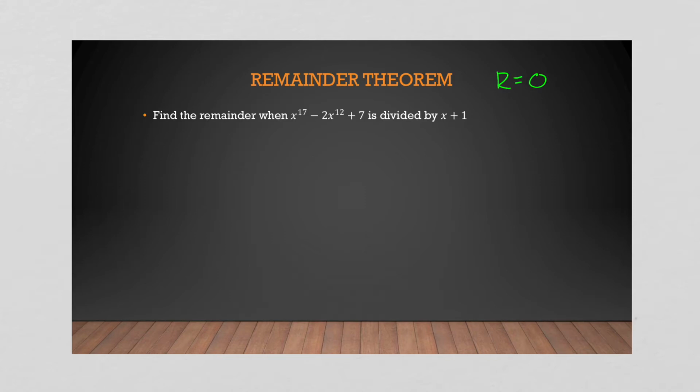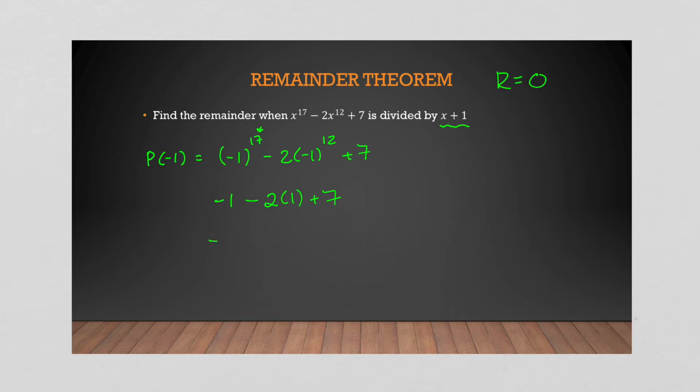So instead, since we're dividing by x plus 1, it means what's p at -1? So now we're doing -1, and see, this is where brackets and exponents are going to come in really handy, because a negative number to an odd power here, 17, is negative, but a negative number to an even power is positive. So we end up with this scenario.